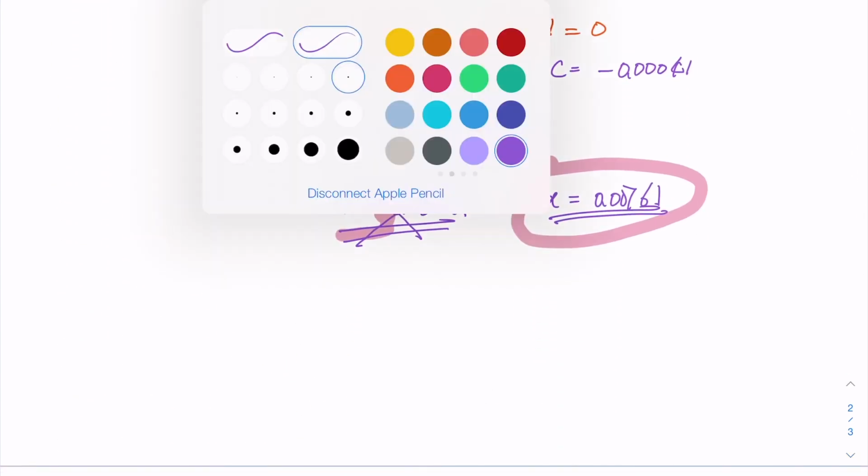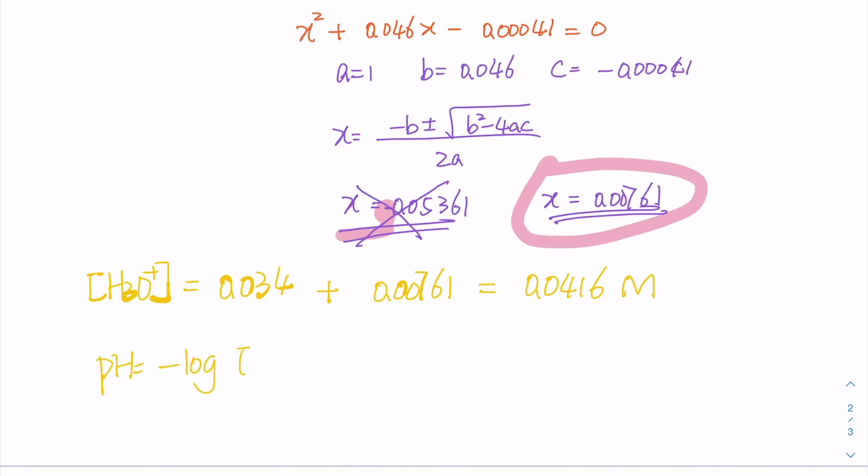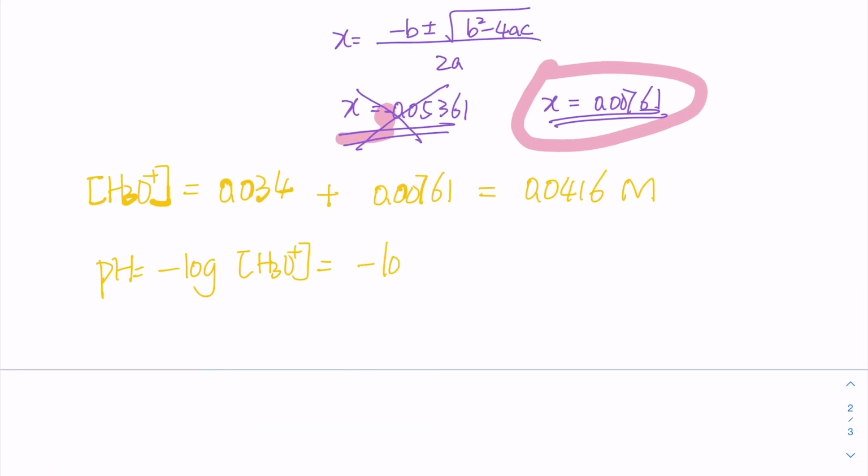So the hydrogen ion concentration is 0.034 plus the x value we just solved, which gives 0.0416. Now it's easier: pH equals negative log of the hydrogen ion concentration. Negative log of 0.0416 gives a pH of 1.38.